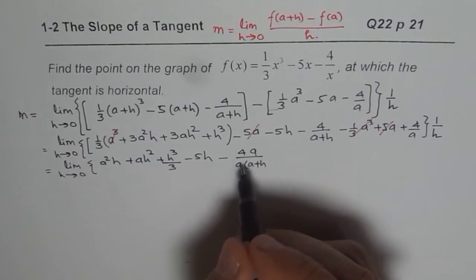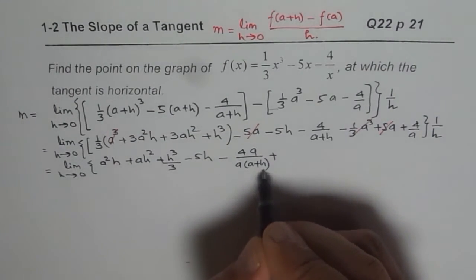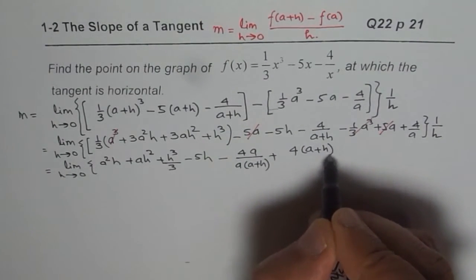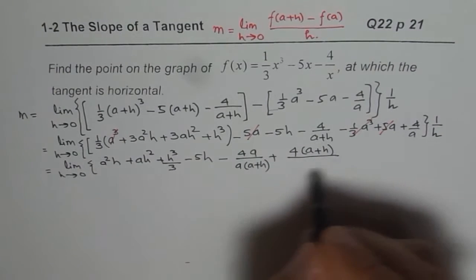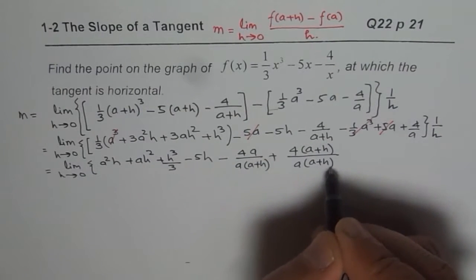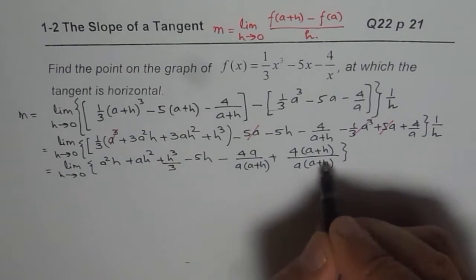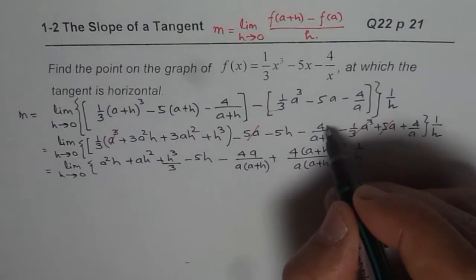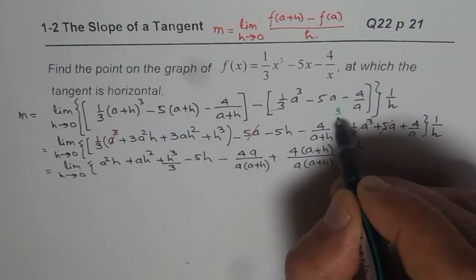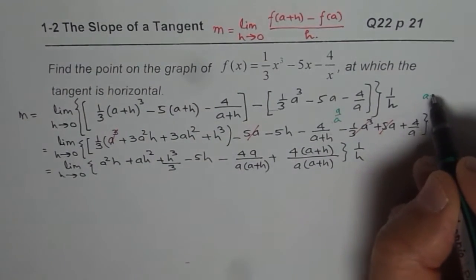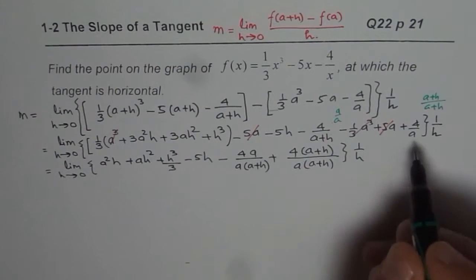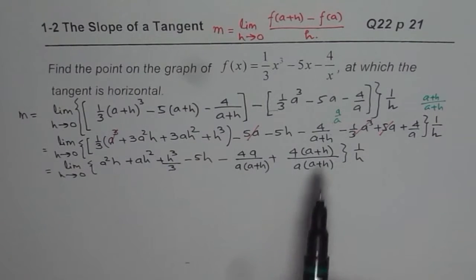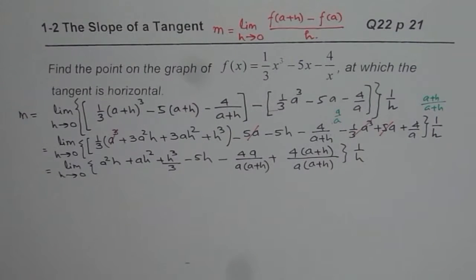I have multiplied and divided by a, and in this case I'll multiply and divide by a plus h. So I got 4 times (a plus h) divided by a times (a plus h). We have taken, in a way, the common denominator. Do you understand? So we multiplied these terms by a over a and these terms by (a plus h) over (a plus h), so that we get a common denominator. That's the strategy. Now let's simplify it further.